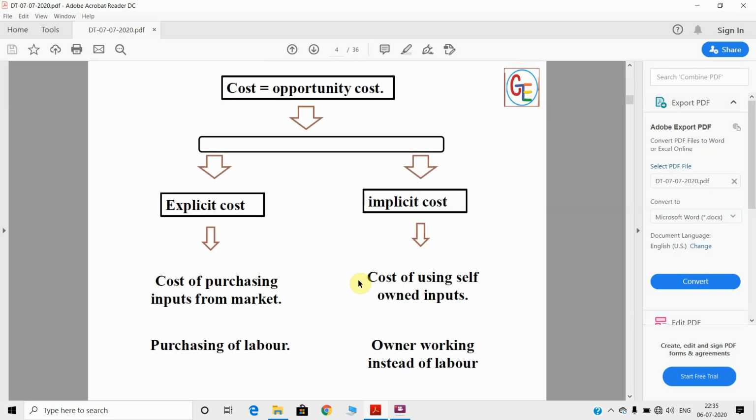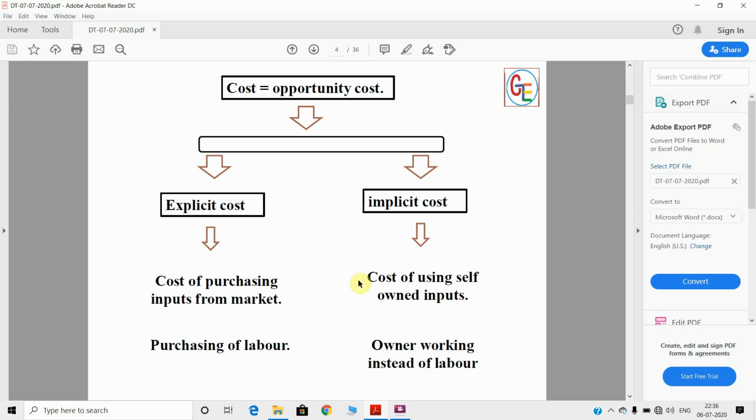Then you are familiar with implicit cost and explicit cost. Explicit costs are those costs which are incurred by the producer for the payments to the owners of several kinds of factors. But implicit cost refers to the cost of using self-owned inputs.